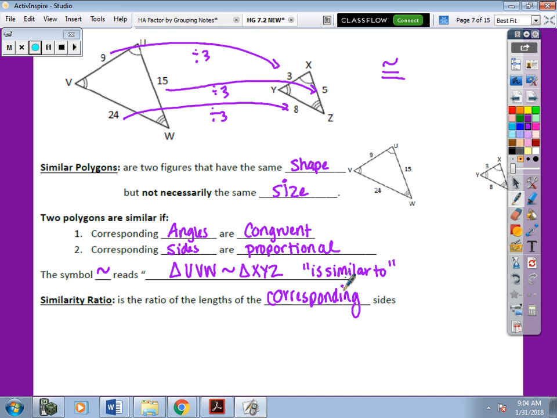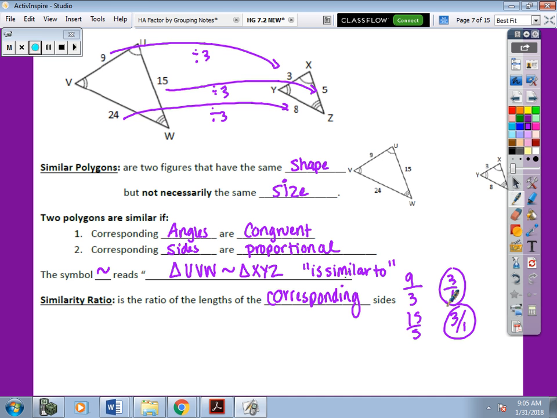And usually when we do the similarity ratio, we'll just go from left to right, just like you read a sentence. So if I was doing the similarity ratio for these two, actually, let's put it down here by this. It would be 9 over 3, which reduces to be 3 over 1. 15 over 5, which reduces to be 3 over 1.